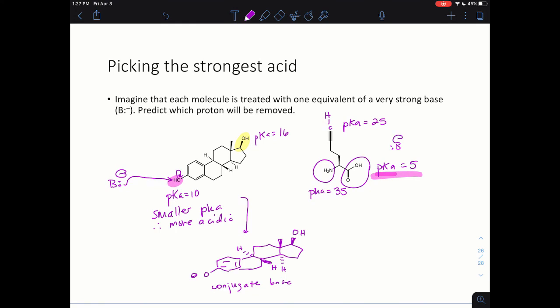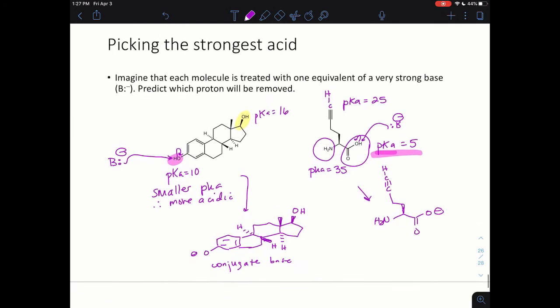So our strong base will deprotonate the carboxylic acid and generate the carboxylate as the conjugate base. So we can use that pKa data that we memorized to just think about which proton on a complex molecule will be deprotonated when it is exposed to a base.